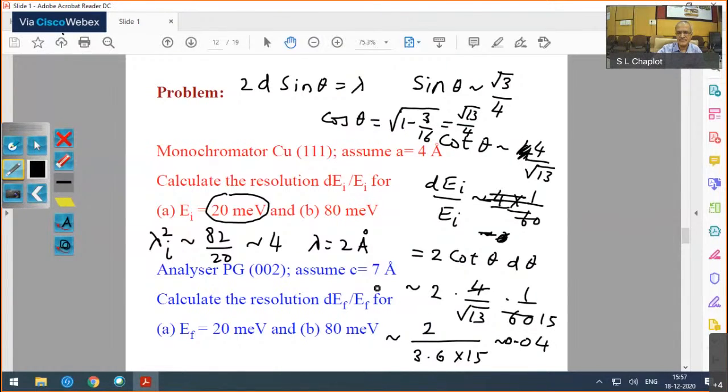Similarly, please do it numerically properly.